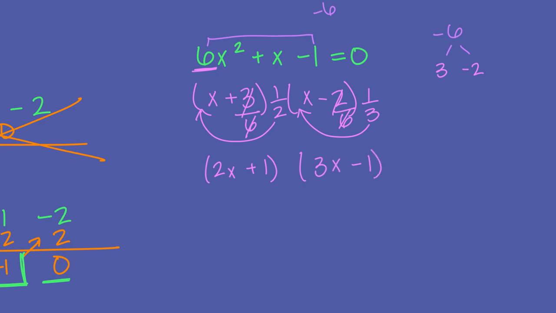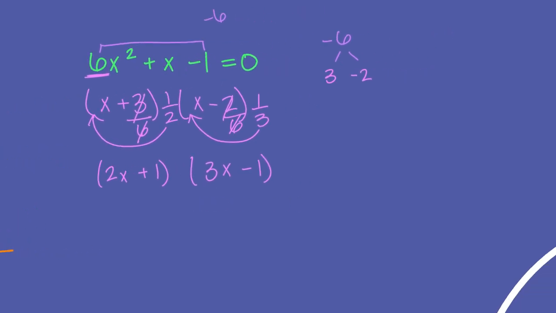All right, I'm going to show you both ways. If the question asked to write the factors, this would be a factor. Okay, these would both be factors of what I had. But let's just say they're asking to find the zeros. I'm going to show you an easy way to do this if it asks you to find the zeros.